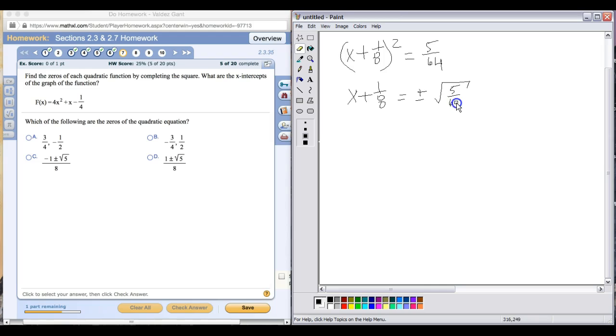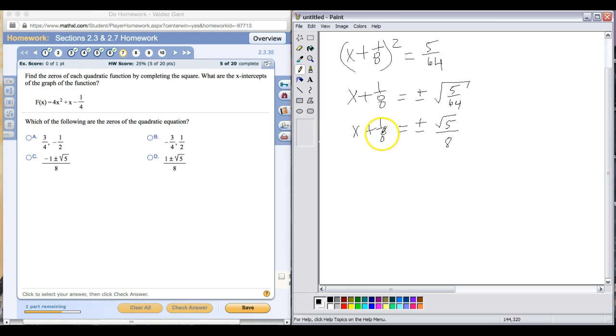I just don't think I'm going to have much luck writing 4s today, ladies and gentlemen. Anyway, we need to simplify. This could simplify to square root of 5 divided by square root of 64, which would just be 8.